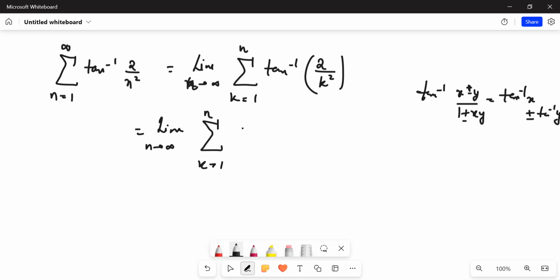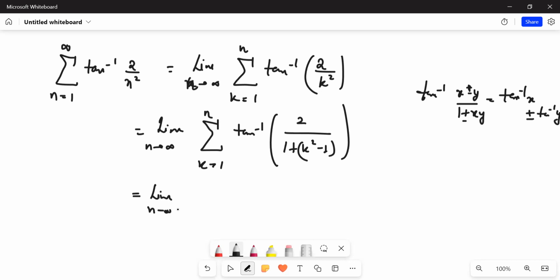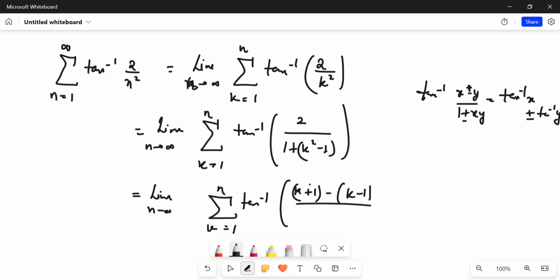So what I'll do is some manipulation and that will help me in evaluating the limit. I'll write tan inverse of 2 upon 1, and then I'll subtract 1, which implies the limiting value n tending to infinity, sum k equals 1 to n, of tan inverse of k plus 1 minus k minus 1, upon 1 plus k plus 1 times k minus 1. So basically 2 can be written this way.